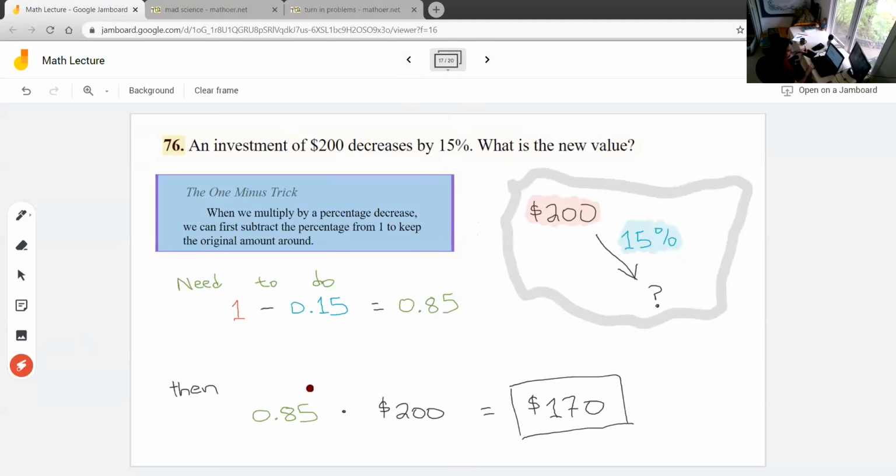You just have to get your brain used to $1 minus 15 cents is 85 cents kind of thinking. Okay, questions about any of that?